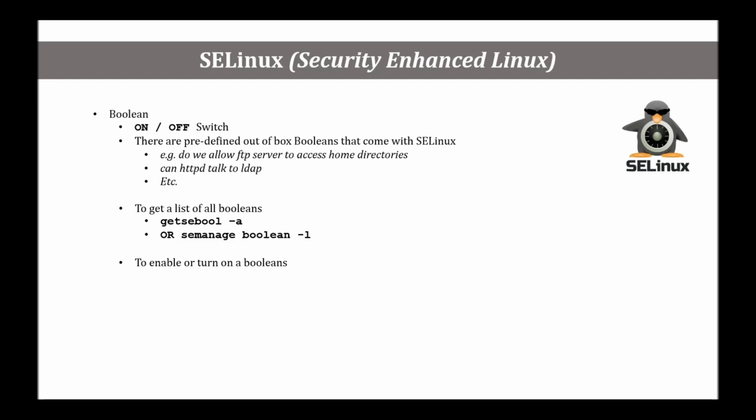To turn on the booleans, run the command setsebool -P boolean_name, whichever name you see when you run getsebool, and of course on for on, off for off.